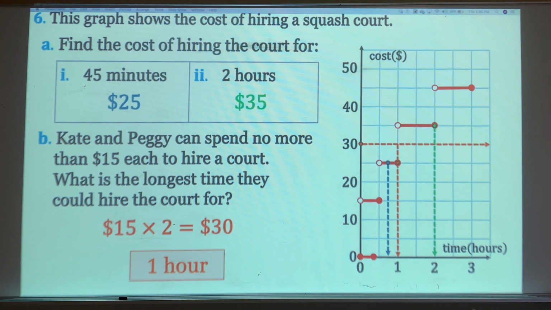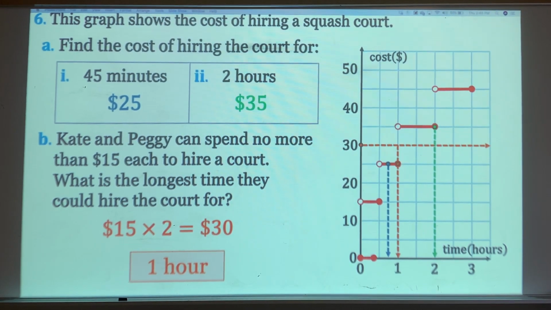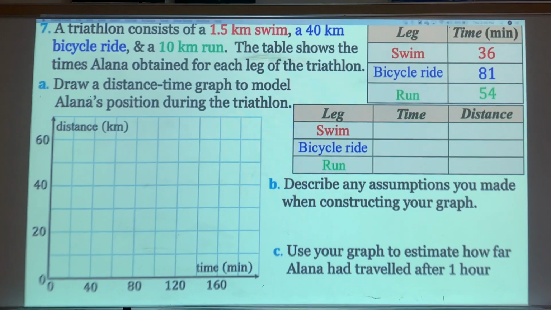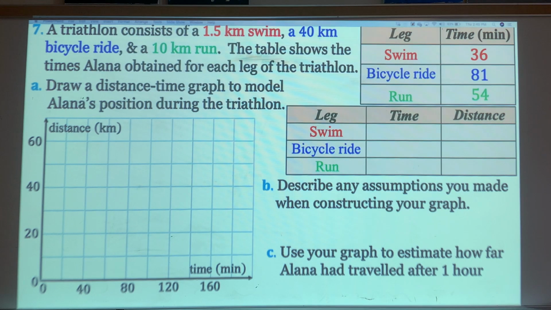Next problem. A triathlon consists of a 1.5 kilometer swim, a 40-kilometer bike ride, and a 10-kilometer run, and the table shows the times obtained for each one.